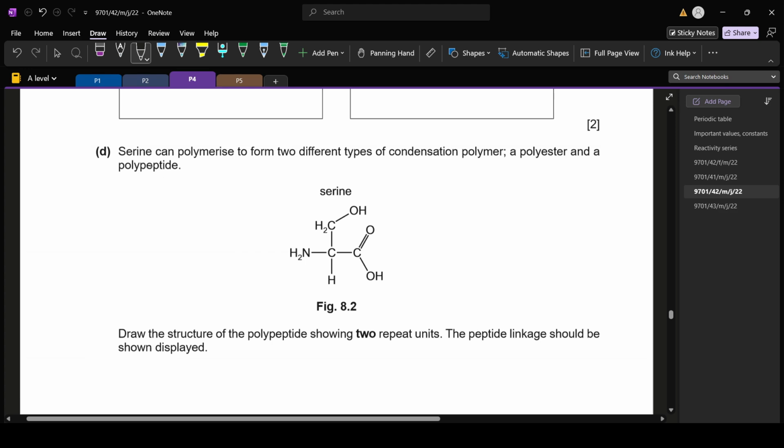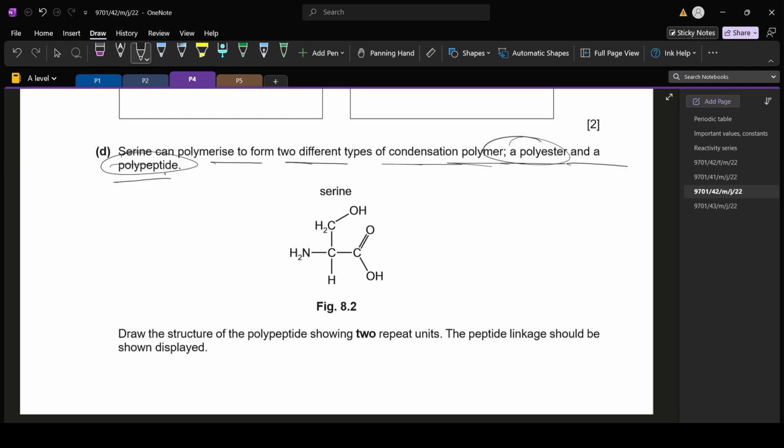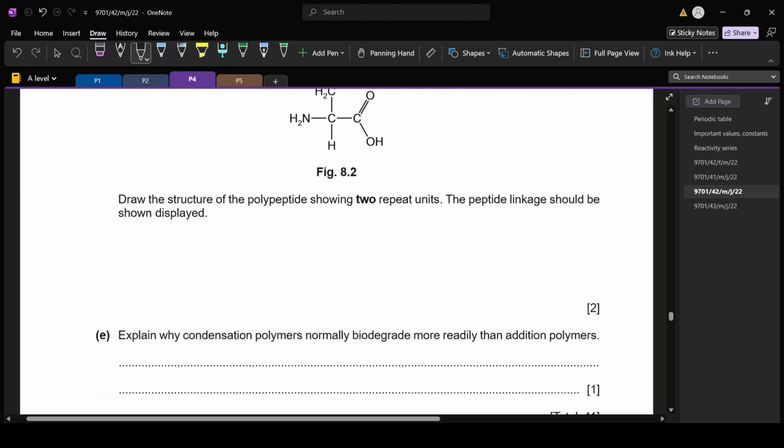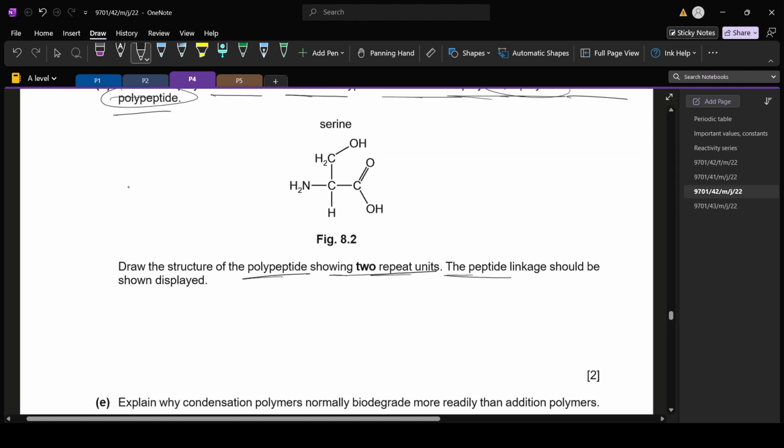Part D. Serine can polymerize to form two different types of condensation polymers, a polyester and a polypeptide. A peptide bond has a polyamide group, an amide linkage. Draw the structure of the polypeptide showing two repeat units. The polypeptide has an amide linkage, and the amide linkage is this.